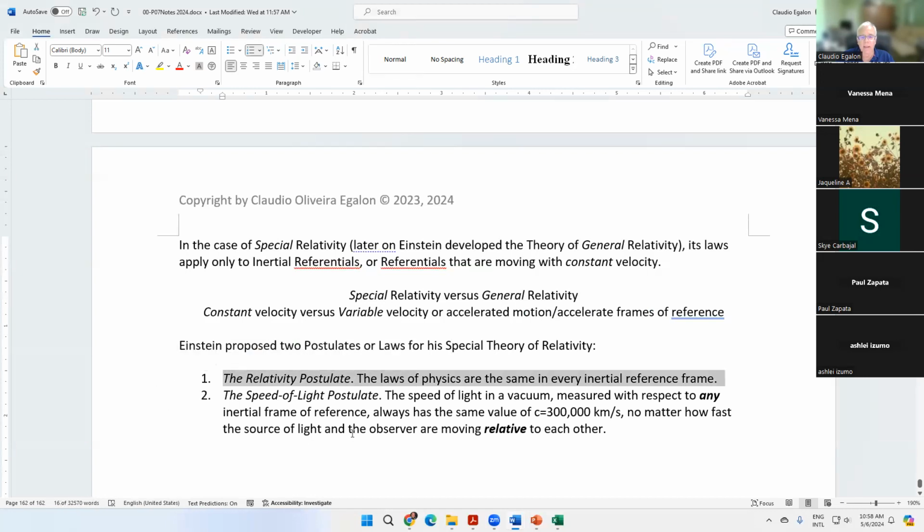The first one is the relativity postulate, and it's very simple.